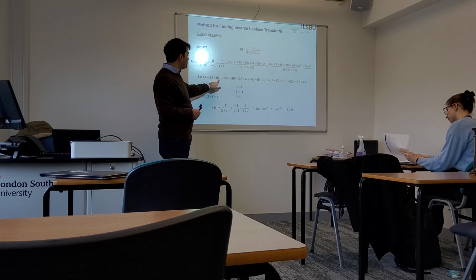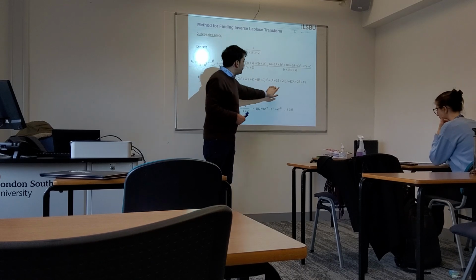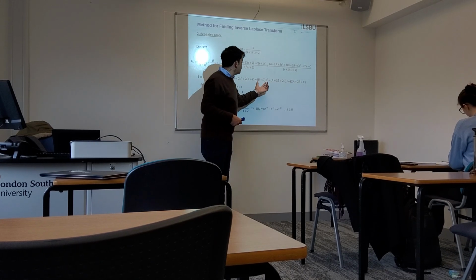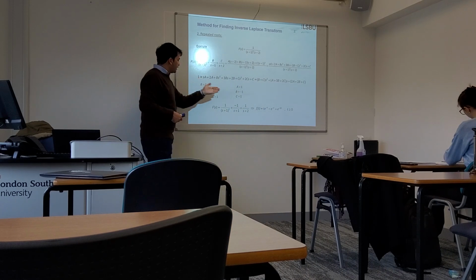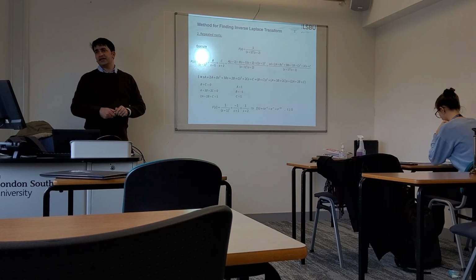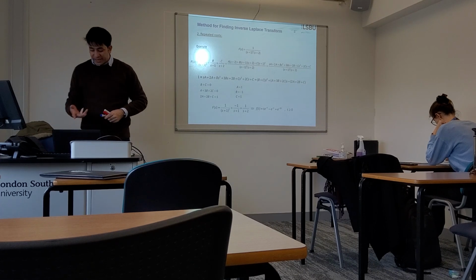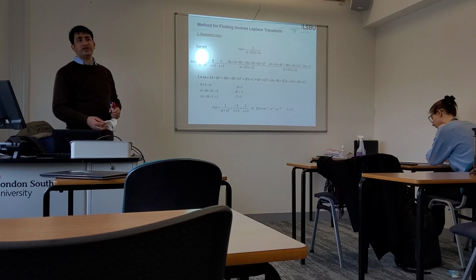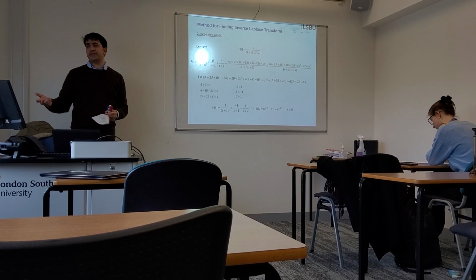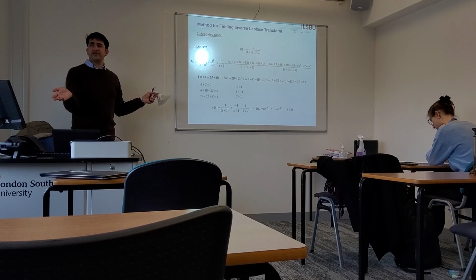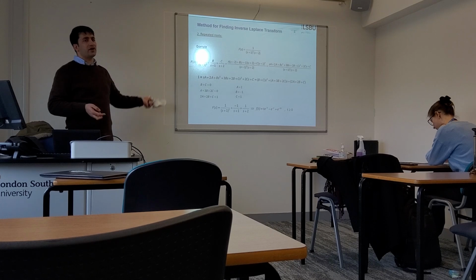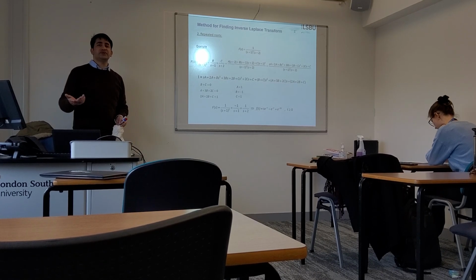For example, you will separate s squared, you will separate s, and again when there's s power 0, and then you compare the two sides, and solving this you will get your a, b, c, and then finally the equation. So it means that for repeated roots you don't need to put s equals to something. Instead, you need to equate your right hand side with the left hand side, and from there you will get a few equations, and then by solving those equations simultaneously you can get your answer.